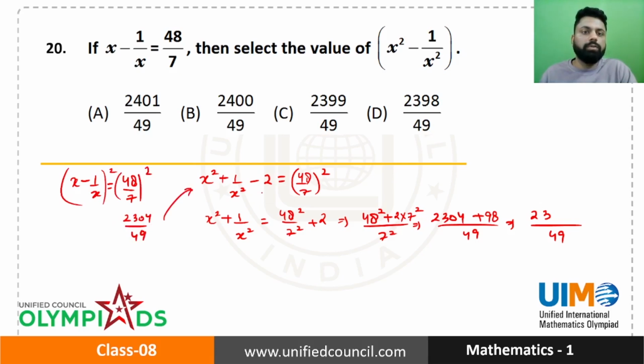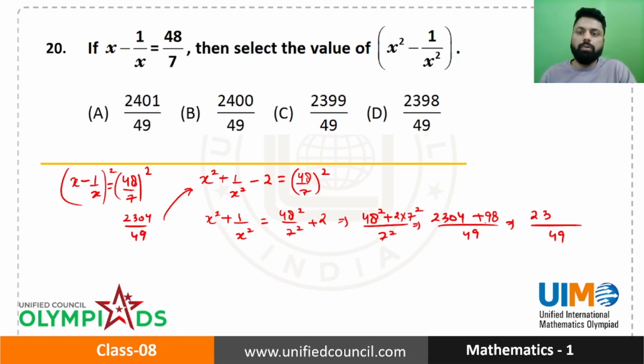This value is equal to this much plus 2. Then it will become x square, 4 into 2x, 4x. So minus 2 will become plus 2. Let's try to understand this.